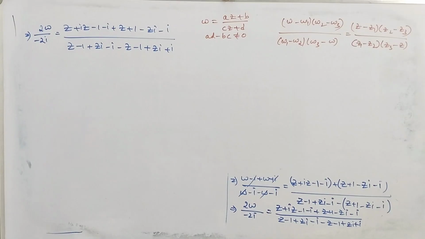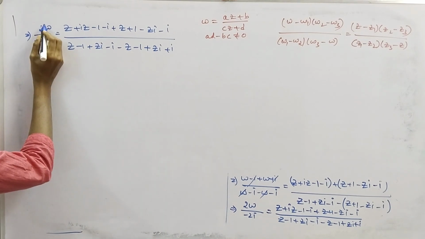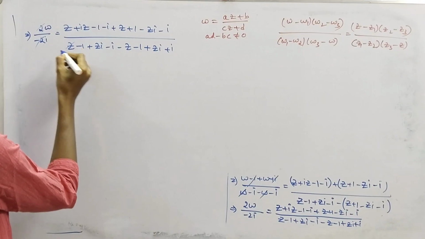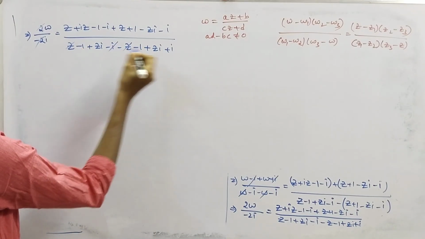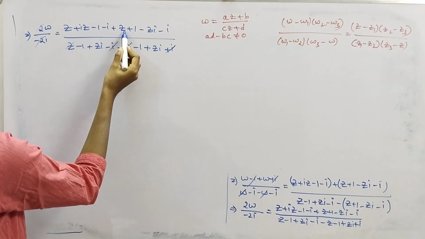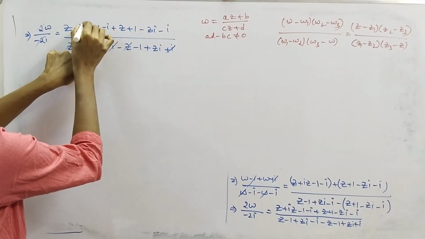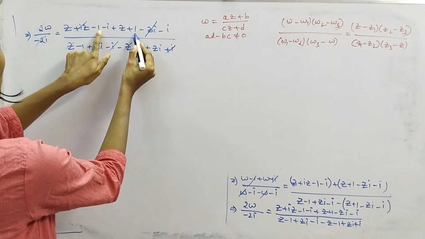Now observe and cancel the terms, I mean the numbers or terms, whatever. Here you can cancel 2. In the denominator you can cancel plus z minus z and minus I plus I. In the numerator you have z plus z plus iz minus iz. Cancel them. And you have minus 1 plus 1.